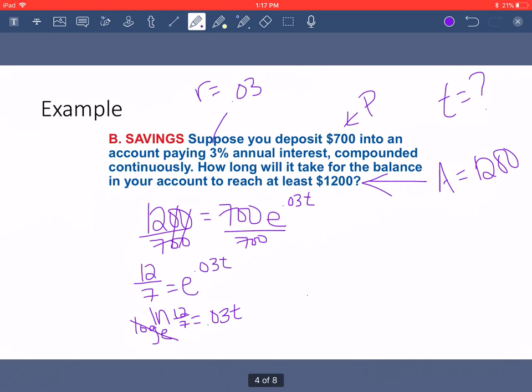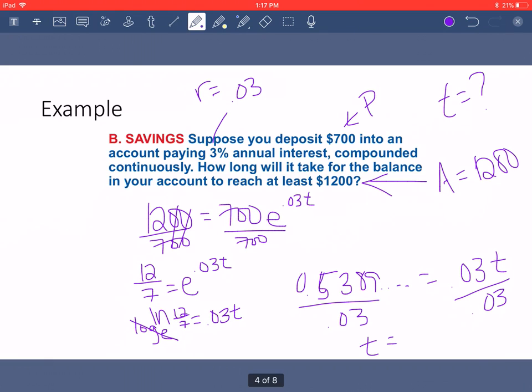So I get 0.5389, it goes on and on, equals 0.03t. And now I need to divide by 0.03 to get my time.